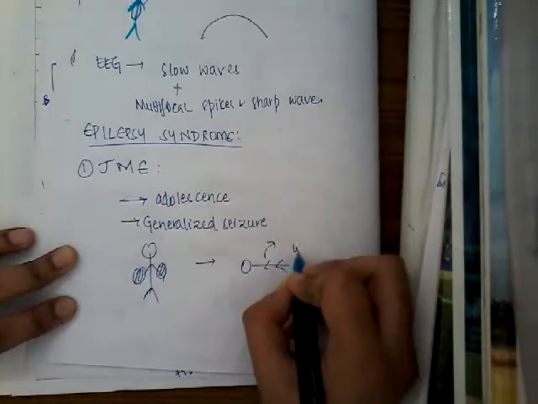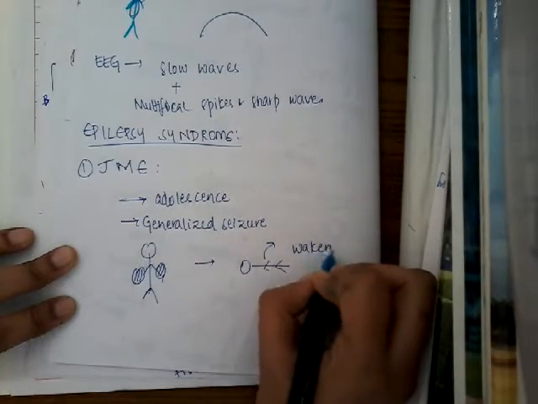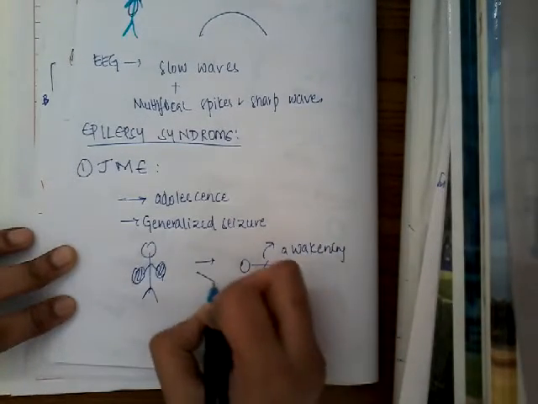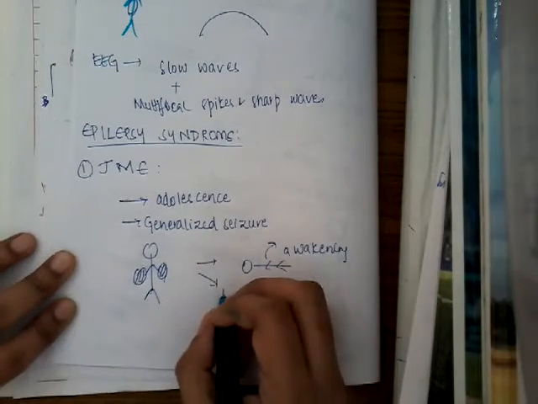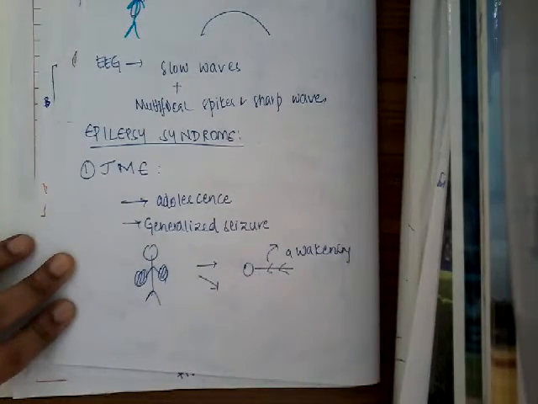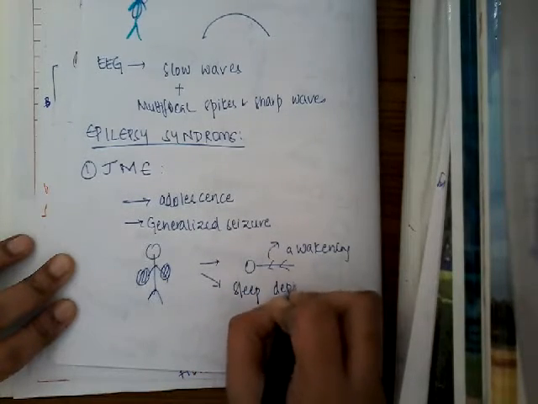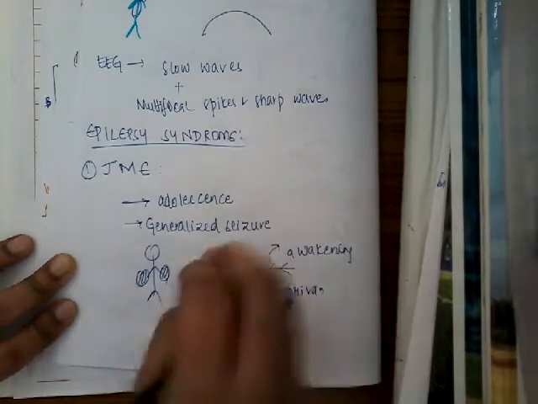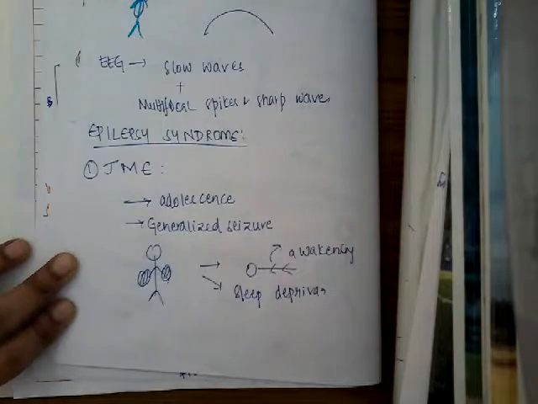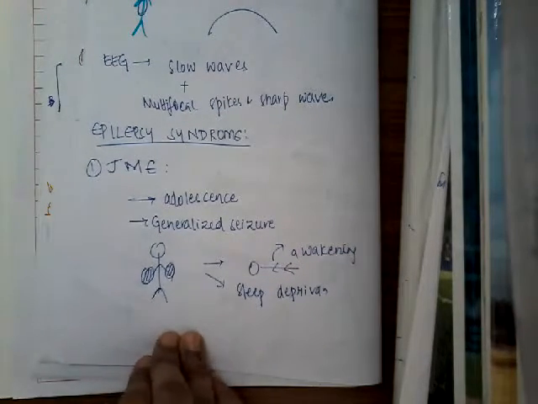They are most commonly precipitated by awakening or sleep deprivation. These two are the major precipitating factors of myoclonus.